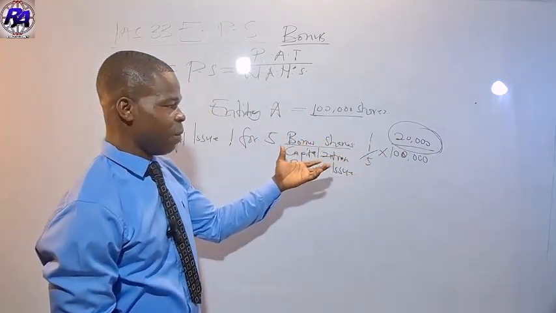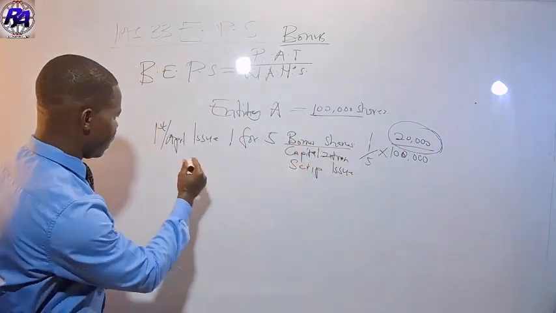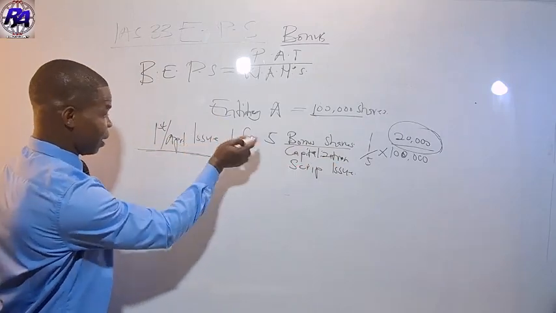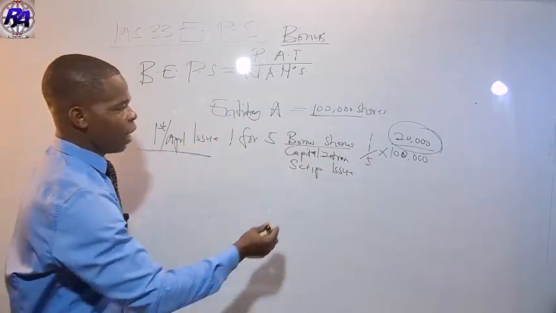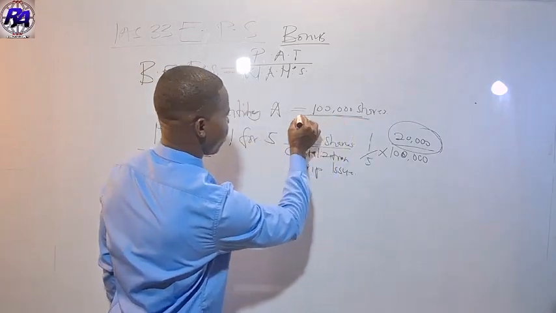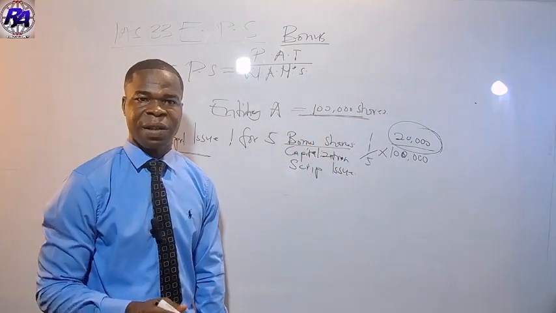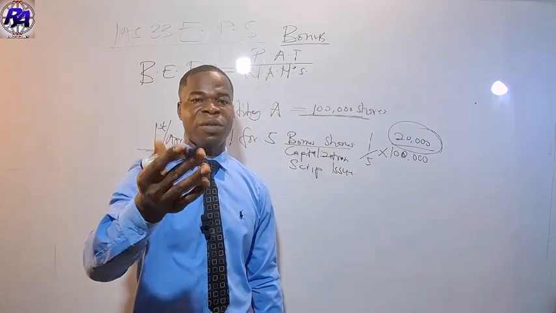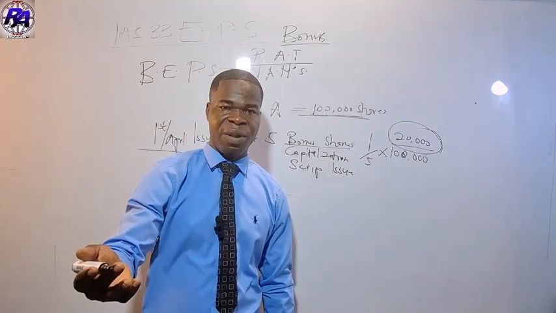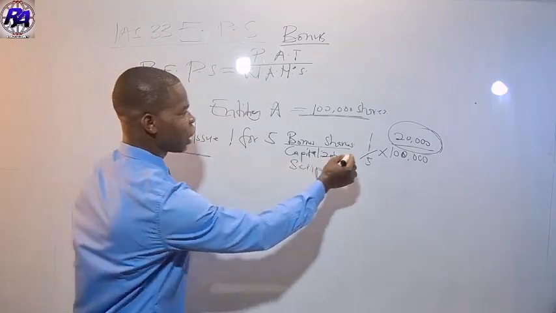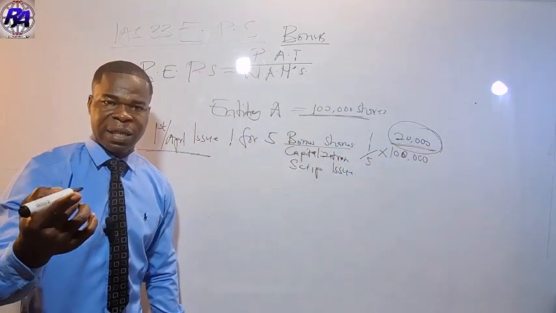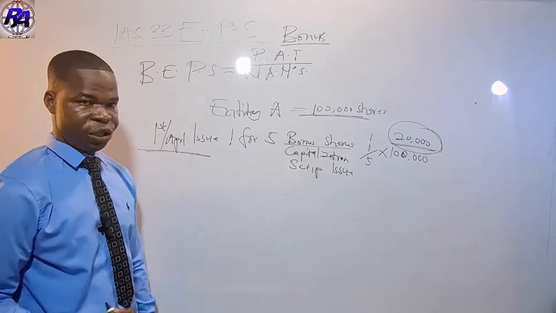Using this example, let me illustrate that. This issue was on 1st April, let's say during the year. And from the beginning, we were capitalized with 100,000 shares. Under normal circumstances, when determining the weighted average number of shares outstanding during the period, we are supposed to apportion this 20,000 shares to reflect the time it was issued.